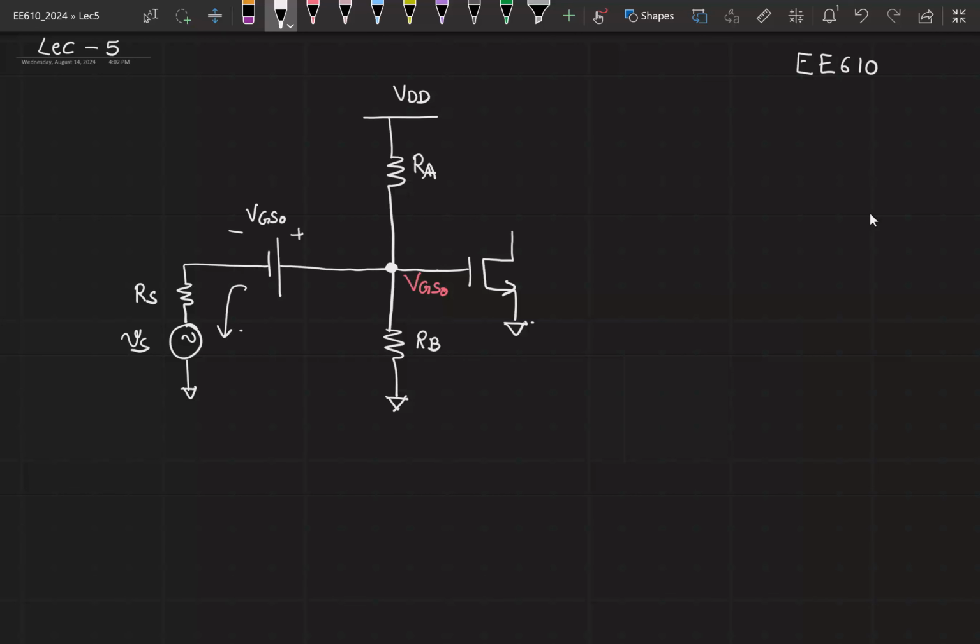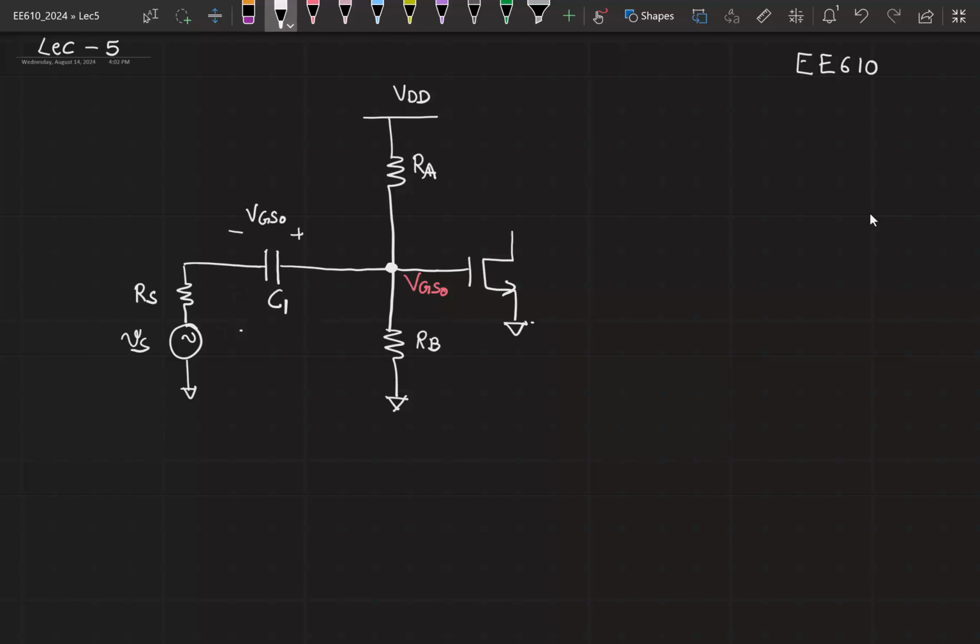And whenever you connect this contraption to this point, the gate of the MOSFET, you don't change the existing quiescent operating point. Then we said that instead of using a separate battery, I could use a very large capacitor, and then I wouldn't be able to differentiate between a battery with value VGS0 or a capacitor that is charged to VGS0. So we used a very large capacitor C1 at this node.